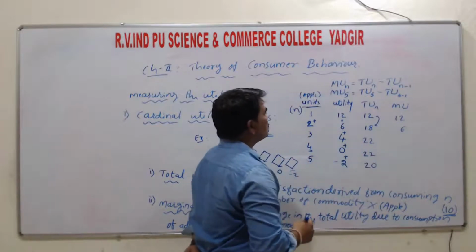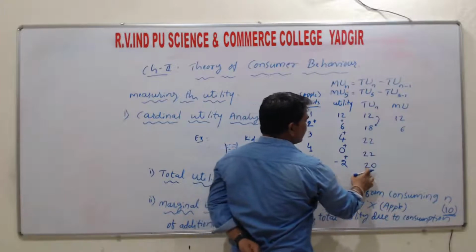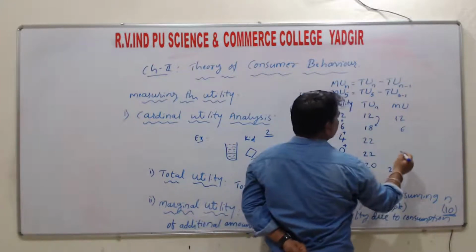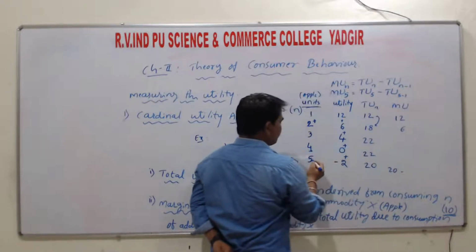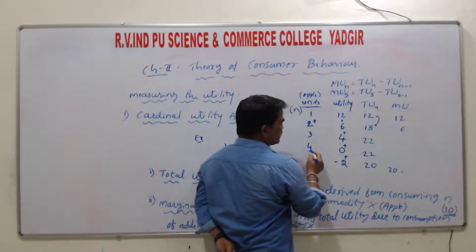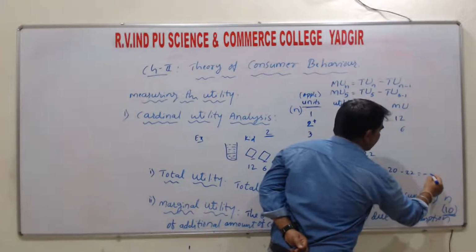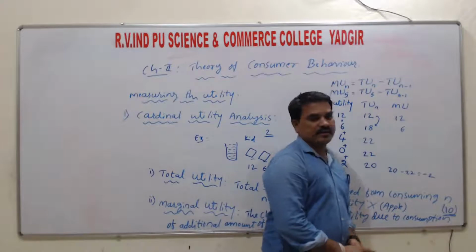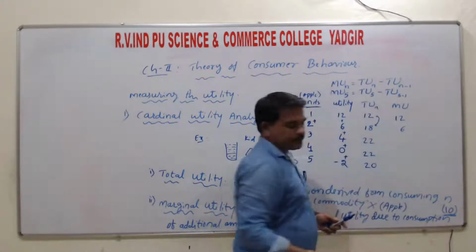Correct? So total utility at 5 is 20, 20 minus total utility at 5 minus 1. 5 minus 1 is the fourth apple. The total utility at the fourth apple is 22. 20 minus 22 gives me minus 2. This is my marginal utility. Okay? So I will check that one by one.